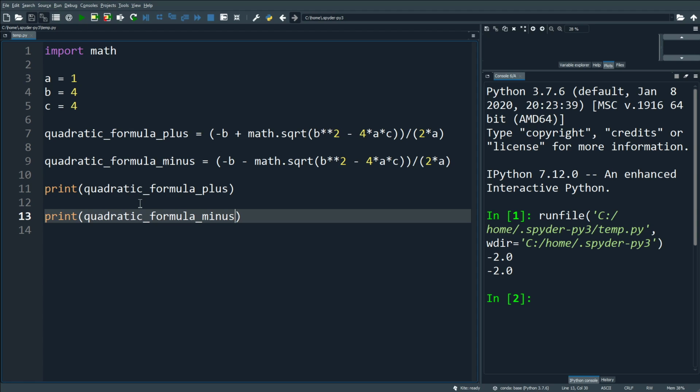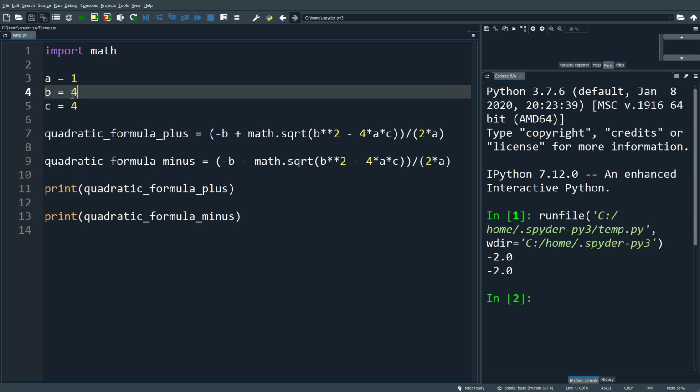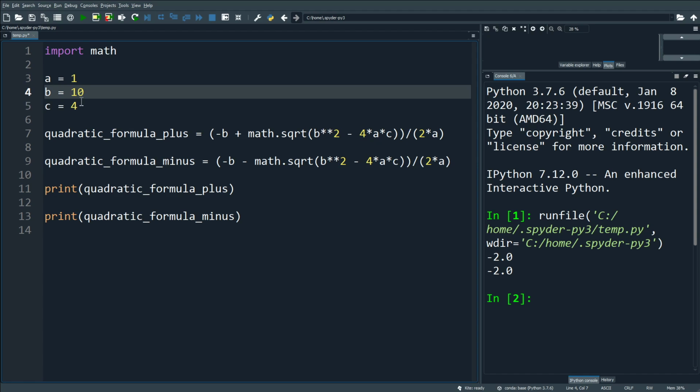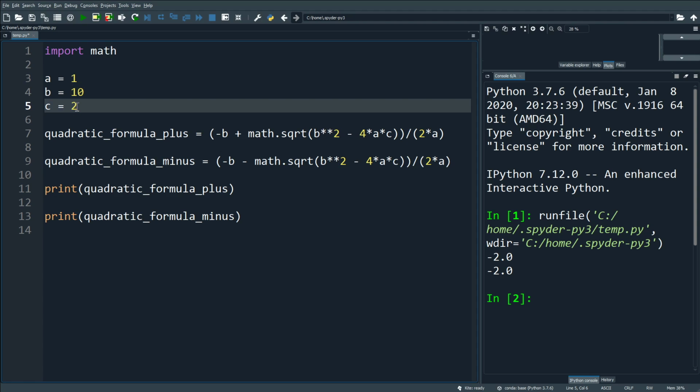Alright, so let's try a different value then. How about what's going to plus and minus values? Whatever. Let's just do, let's make B like 10 and C like 20.